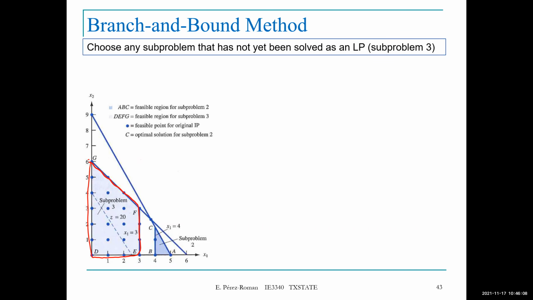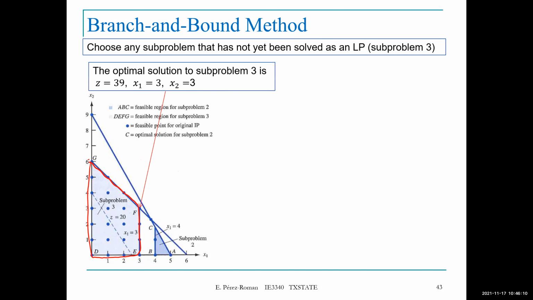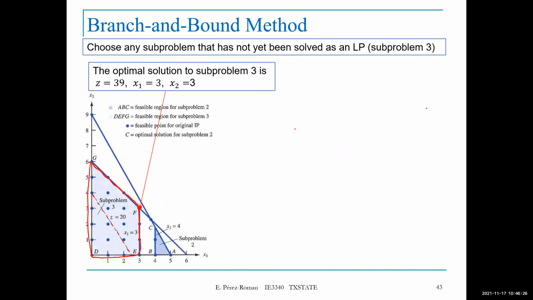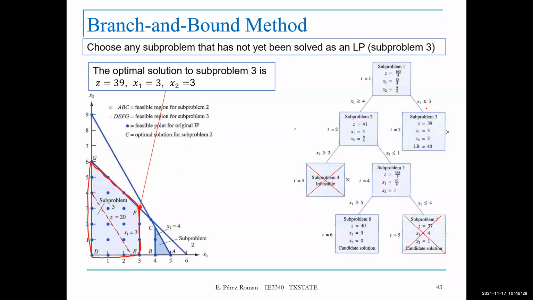The optimal solution, again, by moving this isoprofit line, will be this point. And that point gives you a solution x1 equals 3, x2 equals 3, with z equals 39. Which is this branch, and that's also an integer solution.